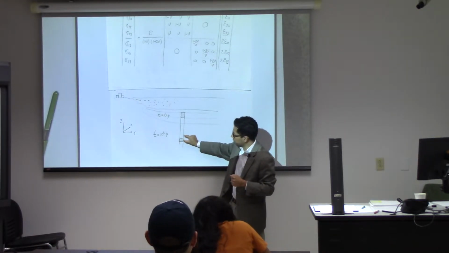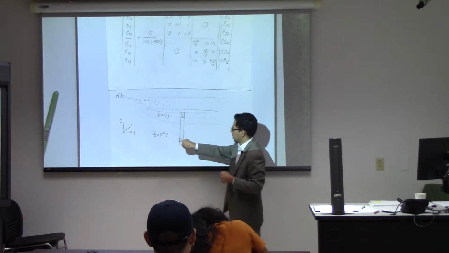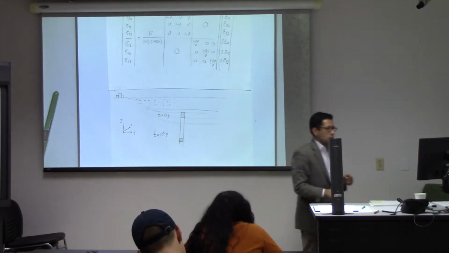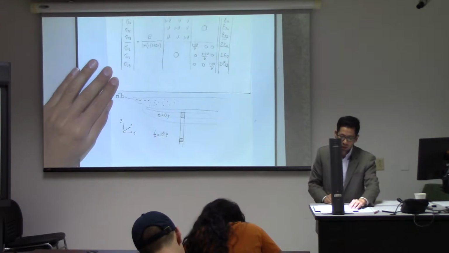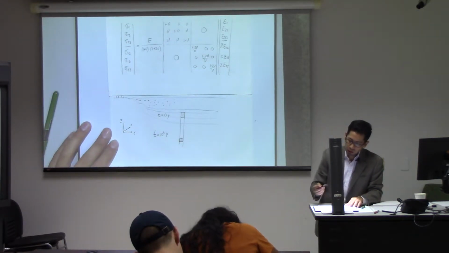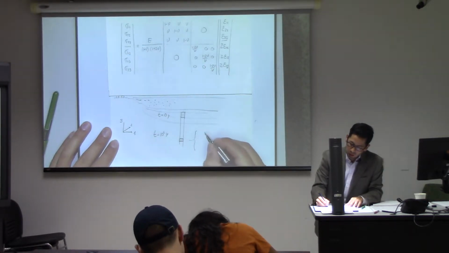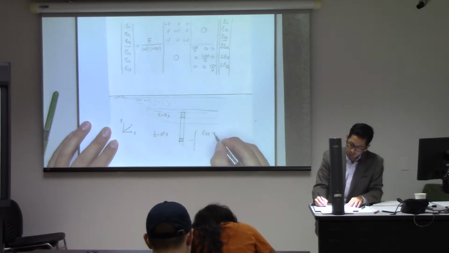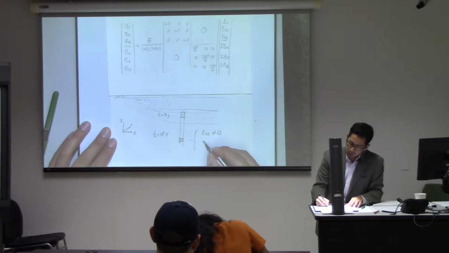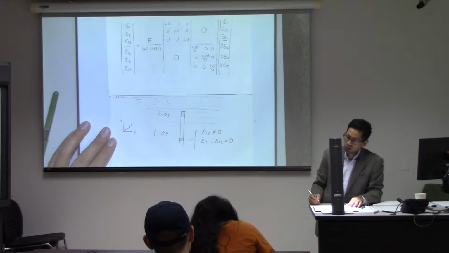There's just going to be deformation in direction number 3, no deformation in direction number 1, no deformation in direction number 2. So if I want to convert this into some mathematical equations, I'm going to say that after 1 million years, epsilon 33 is a finite number different than 0, and epsilon 11 and epsilon 22 are equal to 0.